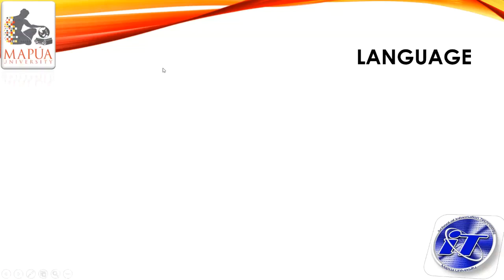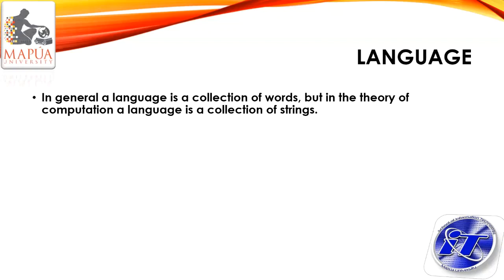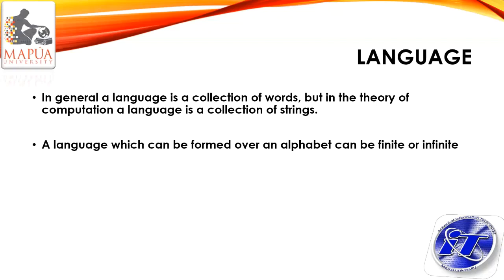Let's continue by defining language. A language is a collection of strings and words which are accepted by the automaton, or rather by the machine. It could be finite or infinite, depending on the rules in defining the strings.